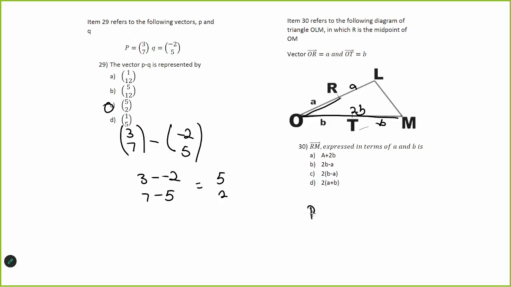So we know that RM is going to be RO plus OM, because we know OR is A, but we're not going from O to R, we're going in the opposite direction. That A is going to be multiplied by negative 1, so it'll be negative A plus OM, which is 2B. And that would be the answer for 30.